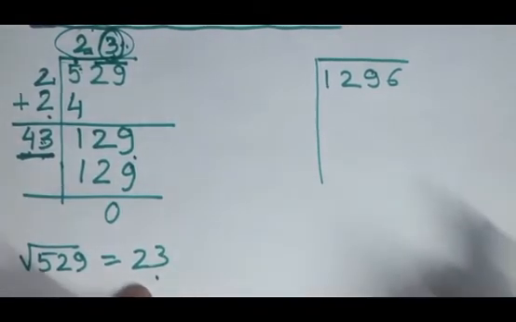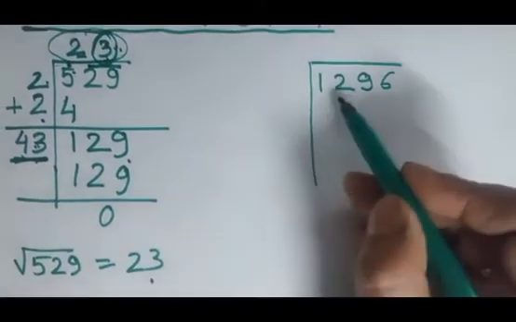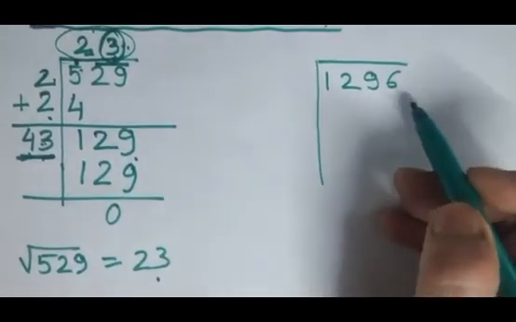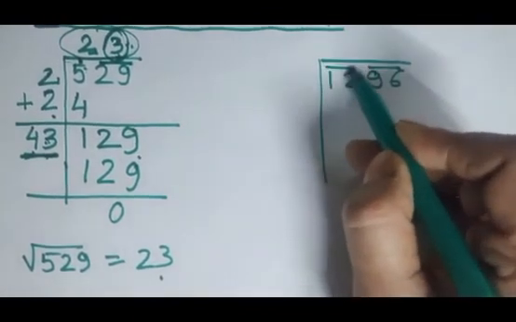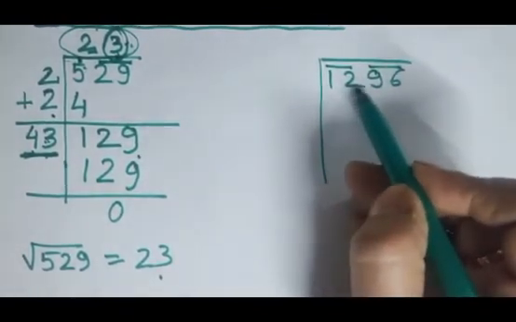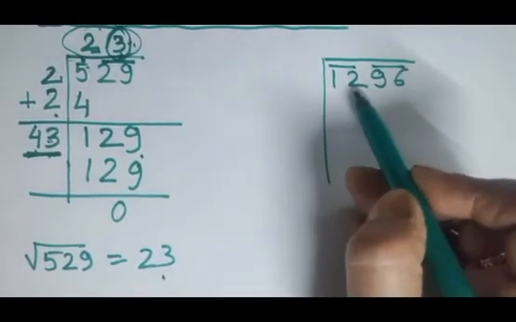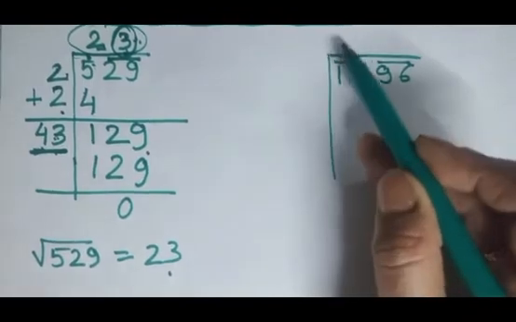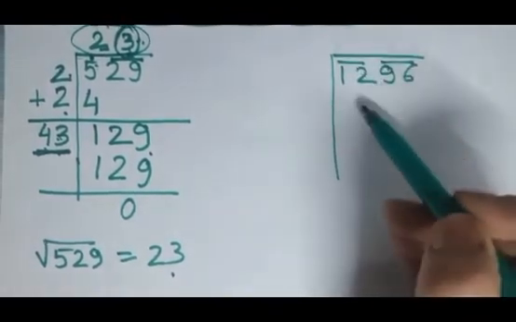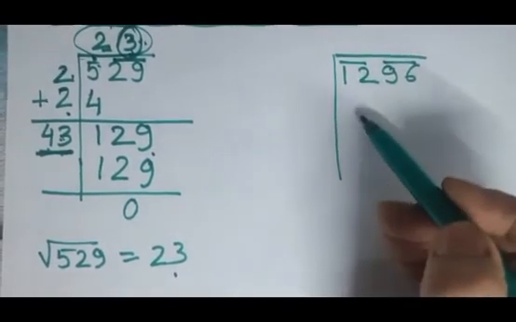Now let us take one more example, 1296. Let's do the pairing. For the first two digits, we have the number 12. Now, in a similar way as before, 3 3's are 9, 4 4's are 16, which will be more than 12.